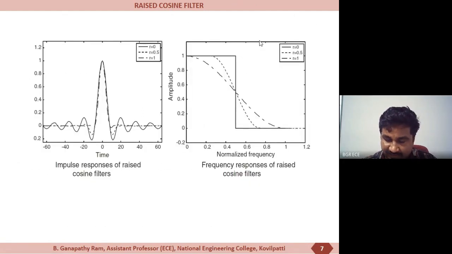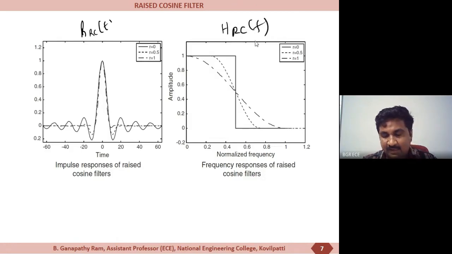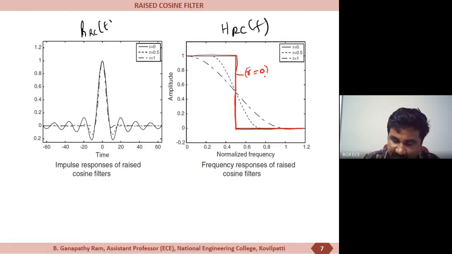Here the frequency response and the impulse response is plotted. This is the impulse response h RC of t, and this is the frequency response H RC of f. And the dotted line represents, I will represent it in different colors. The red color is determining the roll-off factor equal to 0, which represents the Nyquist filter.